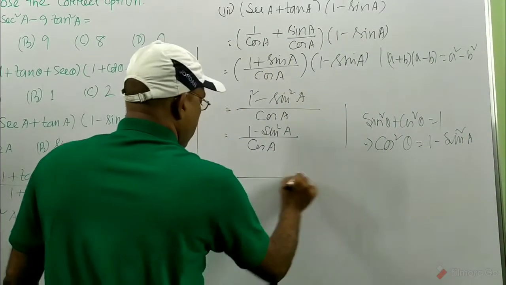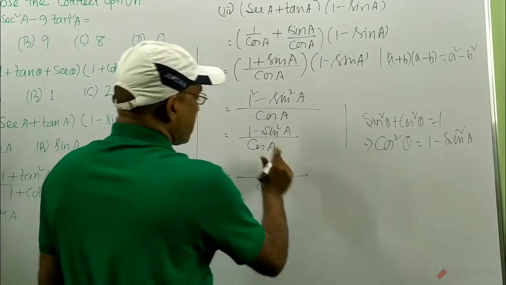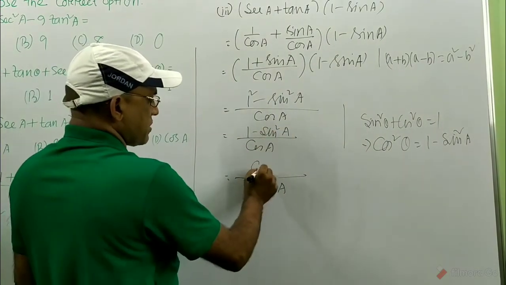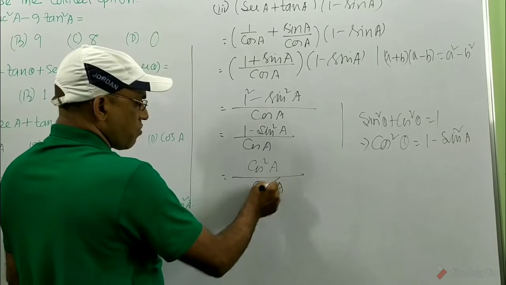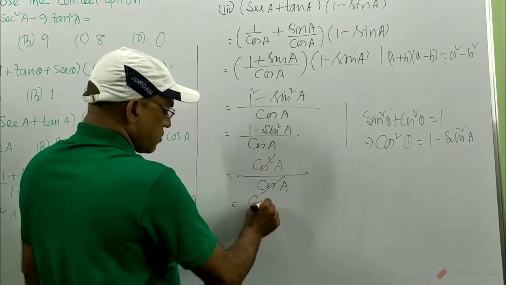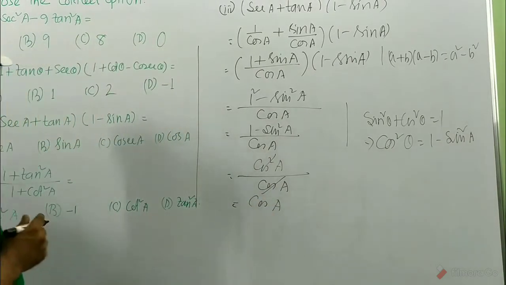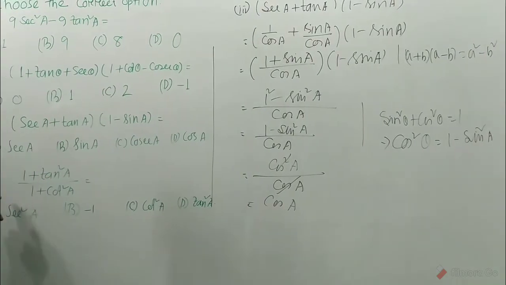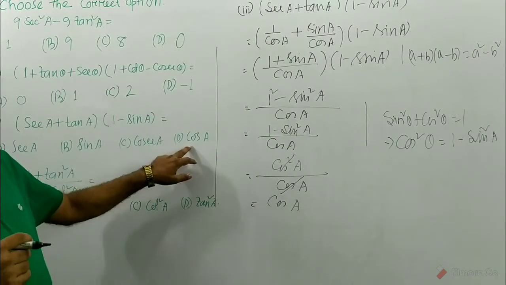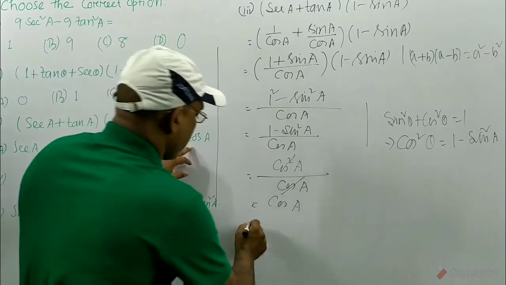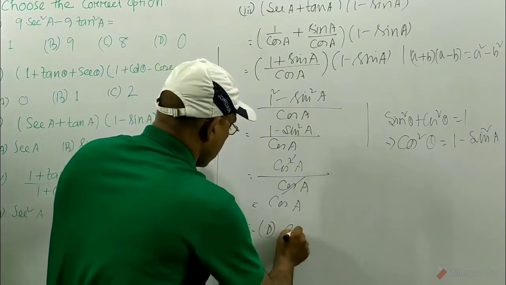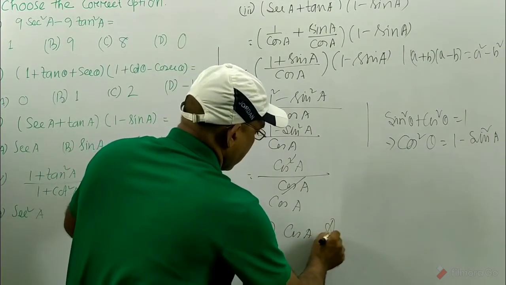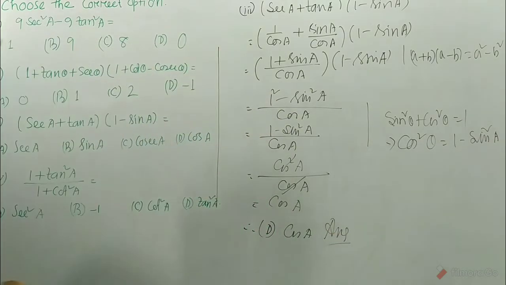So we get cos square A over cos A, and one cos cancels, giving cos A. So the answer is D, cos A.